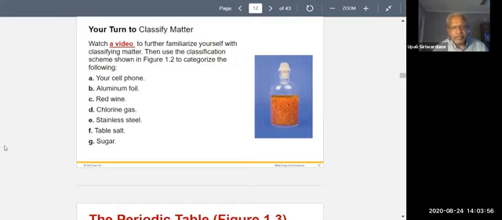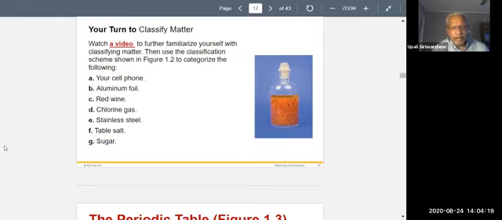Red wine has water, sugar, alcohol, and coloring material that gives a red color. Chlorine gas is an element. It's in a gaseous state.